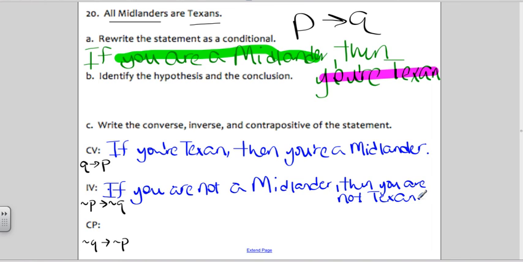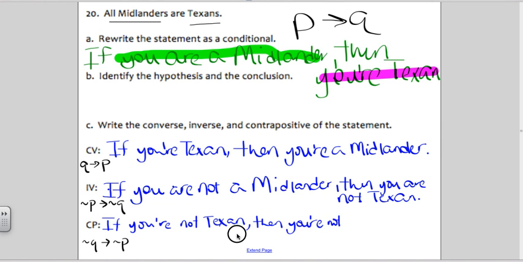Then the contrapositive is switching and negating. So if you are not Texan, then you are not a Midlander.